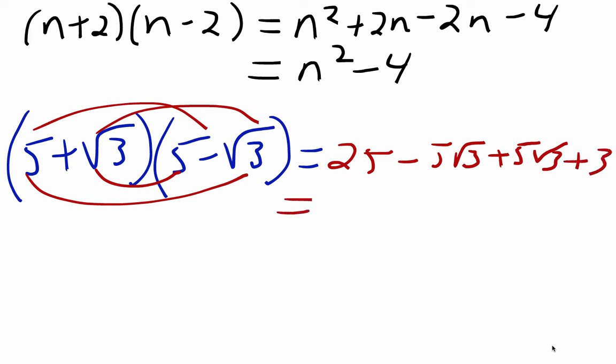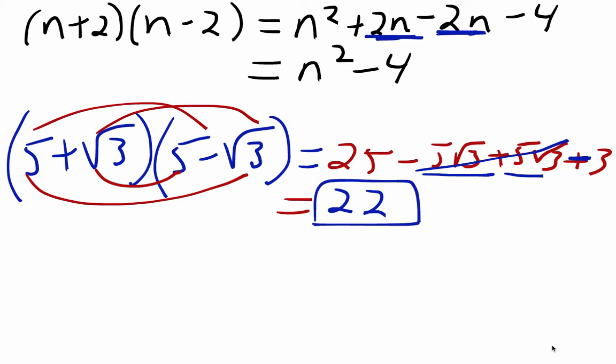Then these cancel out because I have a plus and a minus, just like 2n minus 2n here. So I have 25 plus 3, that should be minus there, because I have a negative times a positive. So I have 25 minus 3, which would be 22 for my answer.